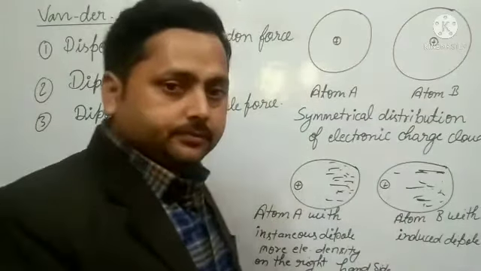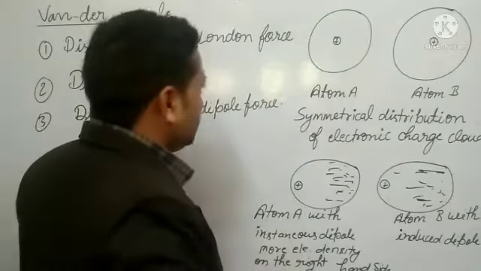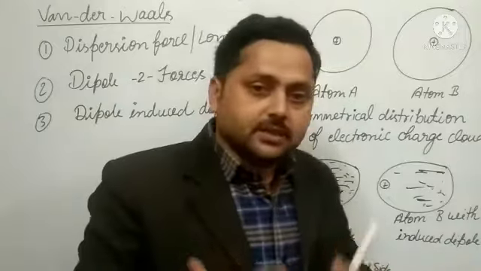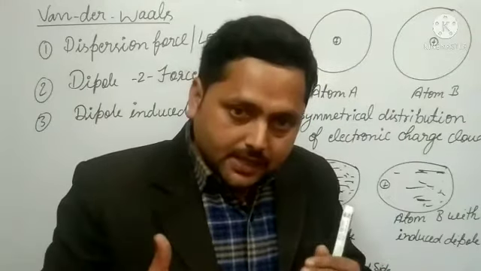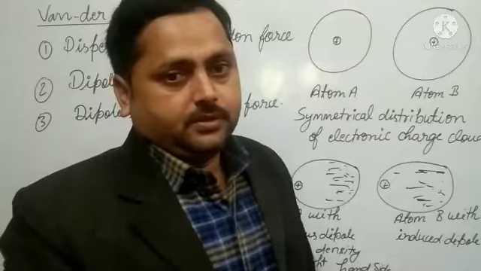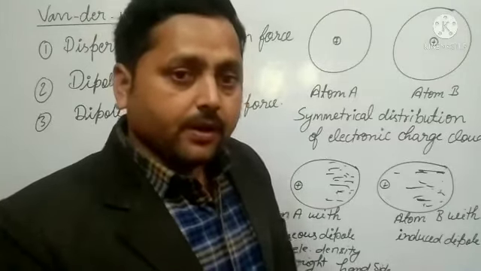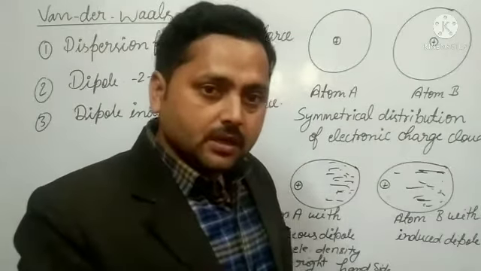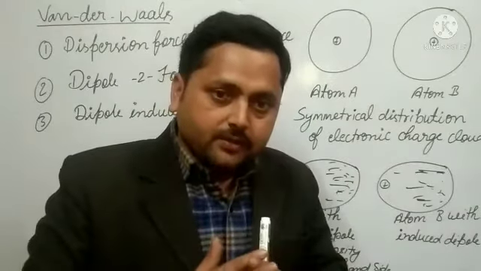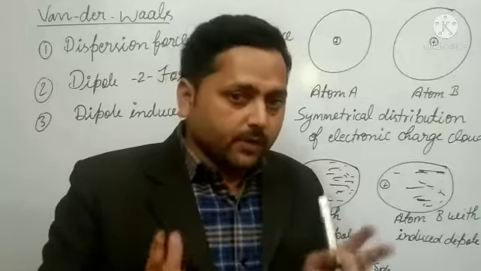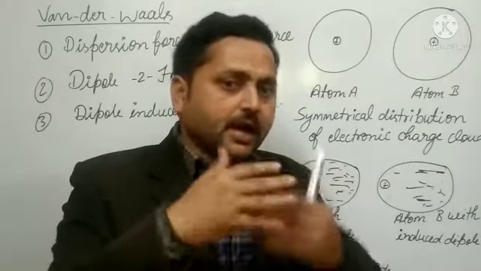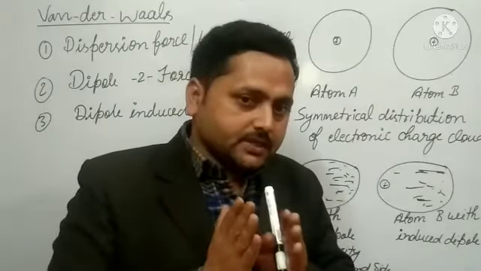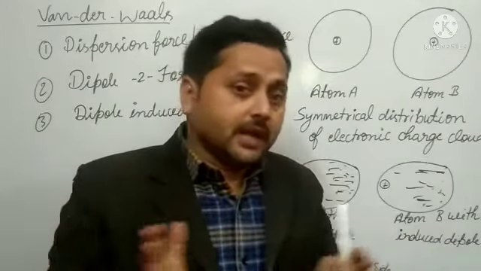What happens when, momentarily or instantaneously, the charge of A gets disbalanced? For the time being, you might know that electrons are revolving, and for a moment the charge gets disbalanced.